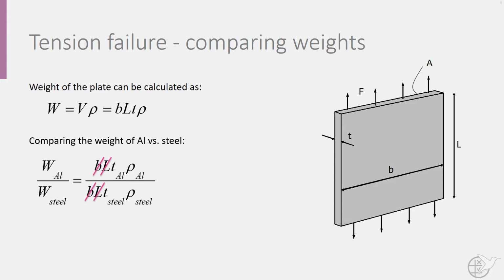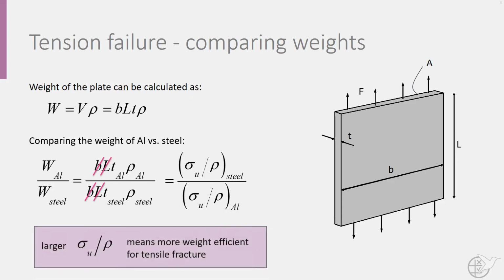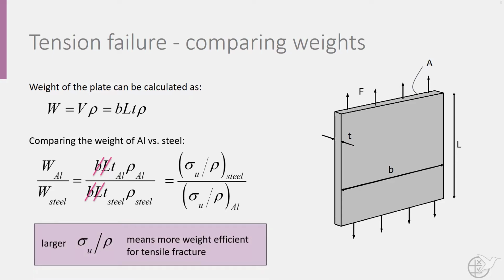Substituting in the expression for thickness derived from our characteristic equation, we see that the comparison of weight reduces to a comparison of the ultimate strength of the material divided by the density of the material. We have now derived a material selection criterion that we can use to rank the efficiency of different materials in terms of our characteristic equation for tensile fracture and our constraint of weight.